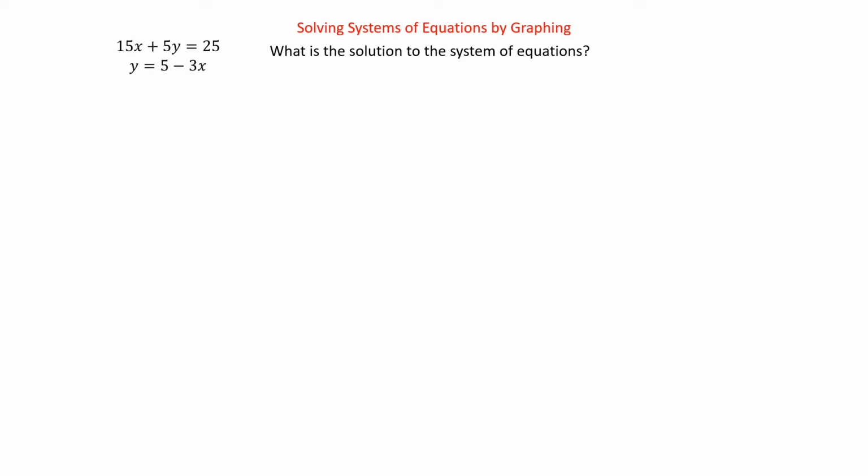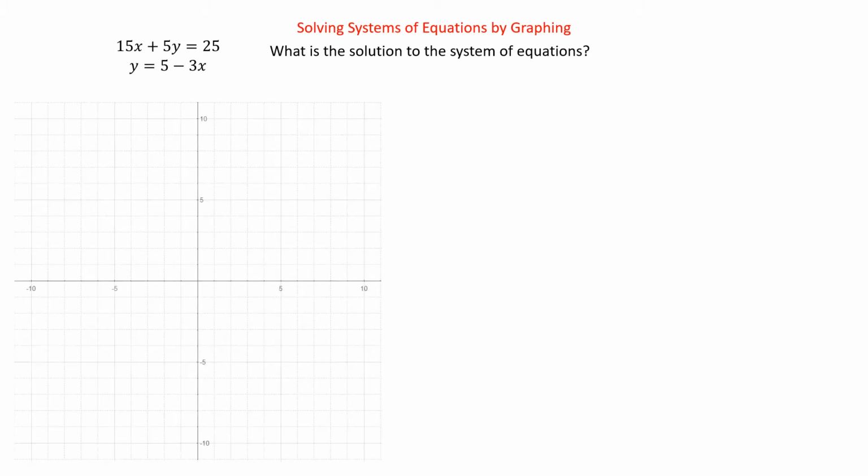So the first one, we have 15x plus 5y equals 25, and y equals 5 minus 3x. So if we graph these, this top one is in standard form, so I'm going to leave it in standard form, and we're going to graph it using intercepts. So if x equals 0, we have 5y equals 25. So y equals 5.